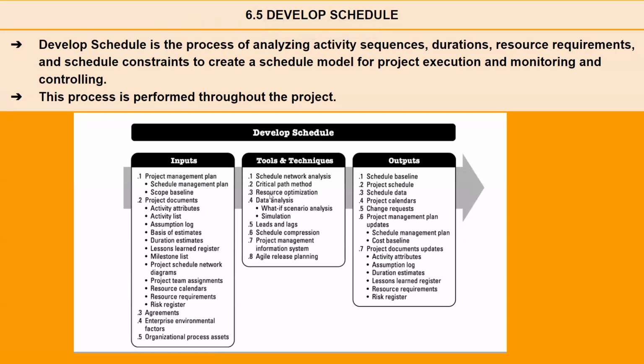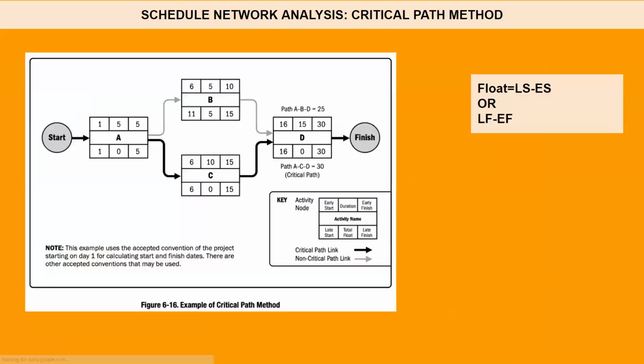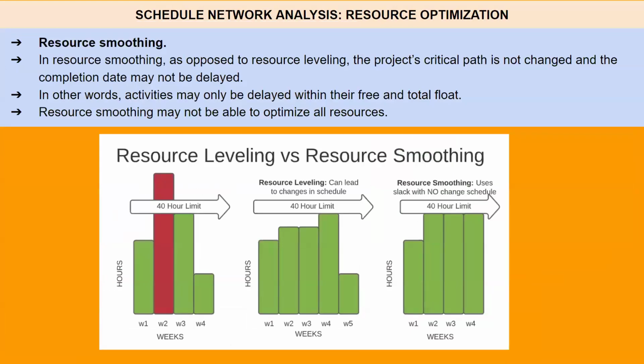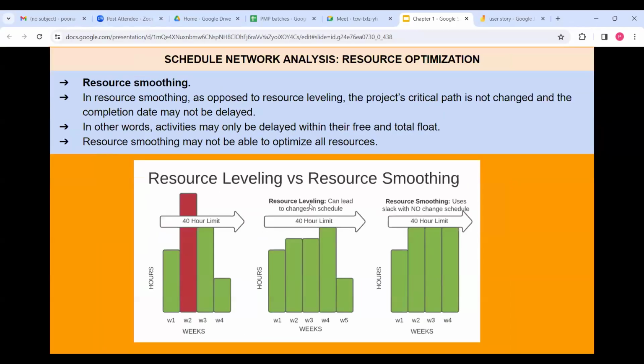Now we are going to do a technique called resource optimization. There are two types of resource optimization: first is leveling and second is smoothing. I'll explain this on our diagrams.